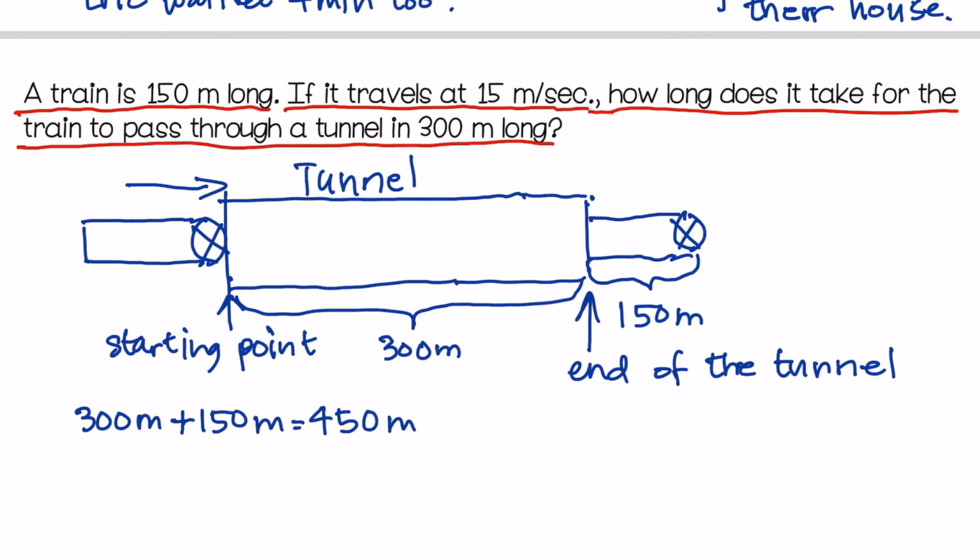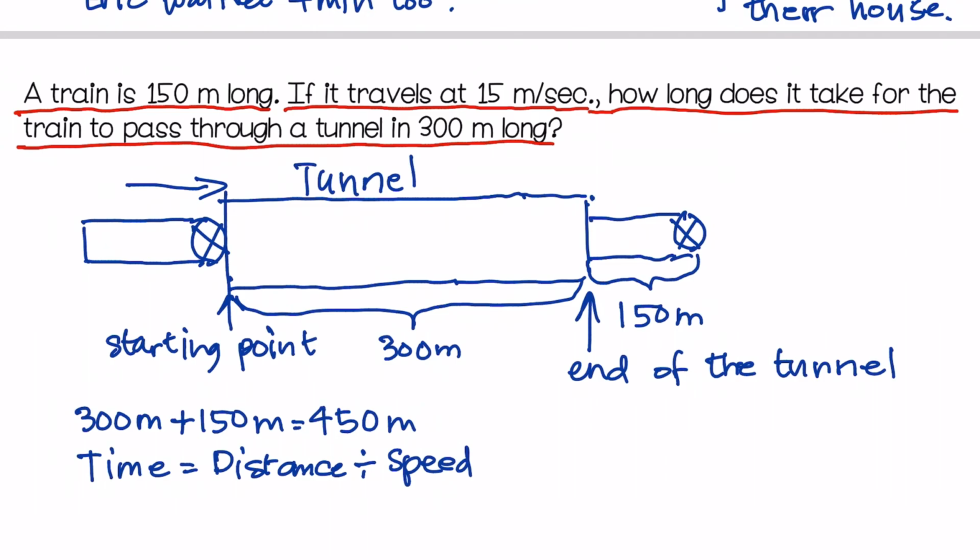Now remember, the question is how long does it take for the train to pass through the tunnel. To find the time, we have distance divided by speed.